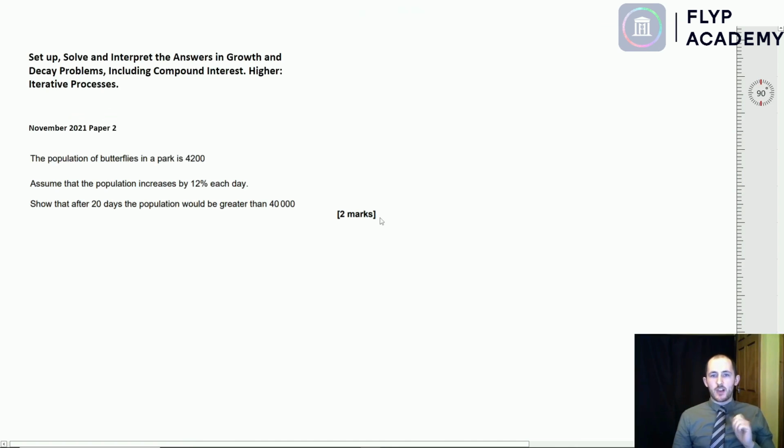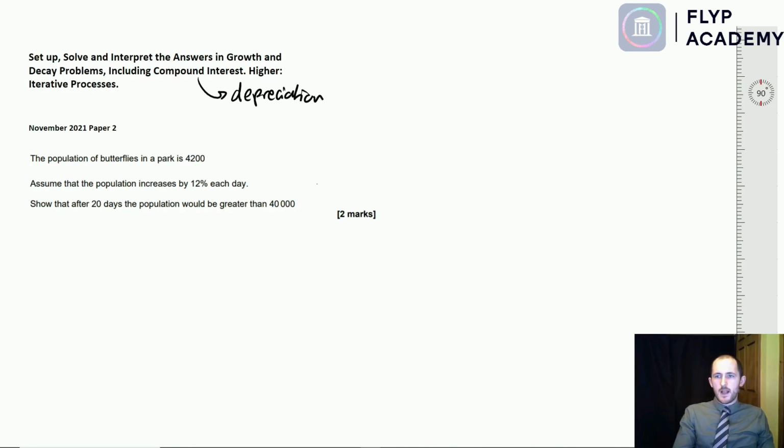Now, the last spec point says to set up, solve and interpret the answers in growth and decay problems, including compound interest. Also, something they don't mention is depreciation. And if it's higher tier, it's also going to be iterative processes. This question here is all of those in one.